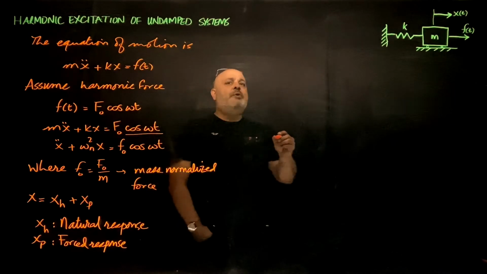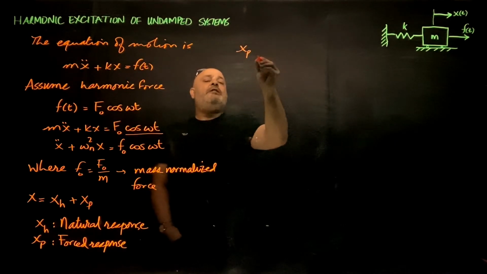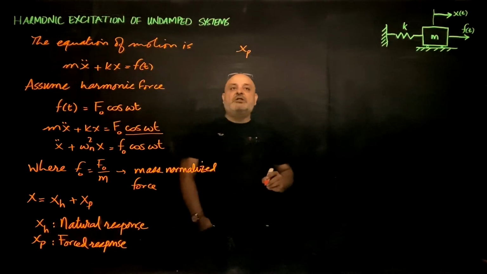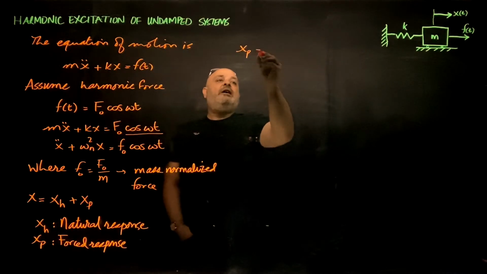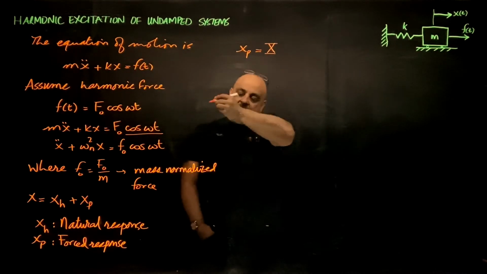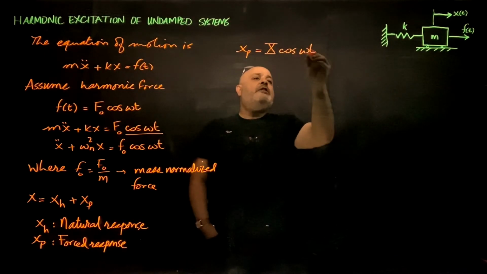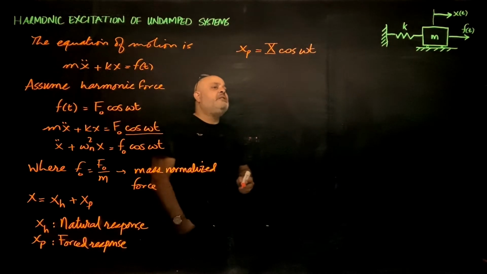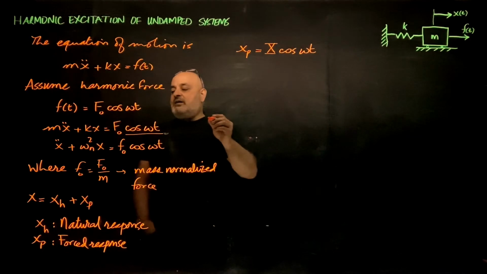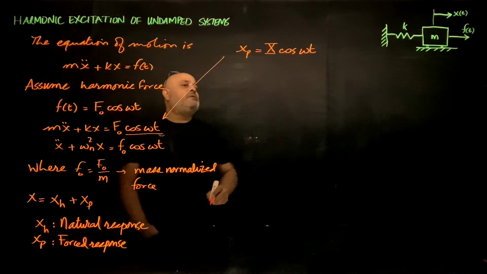I will assume a solution x particular in the same form of the excitation term. I assume that xp is some unknown, undetermined amplitude X, cosine omega t. And then I will substitute this assumed solution into the equation of motion.